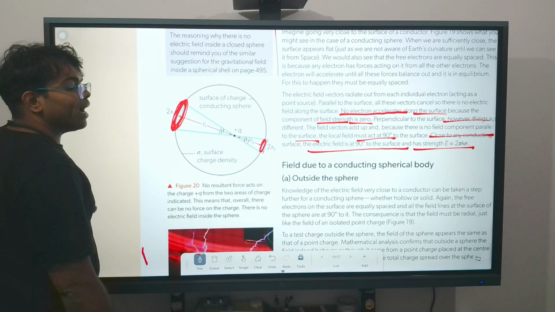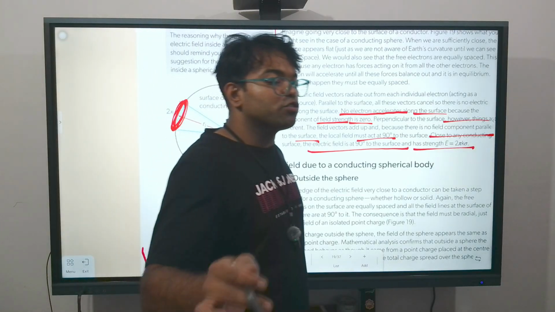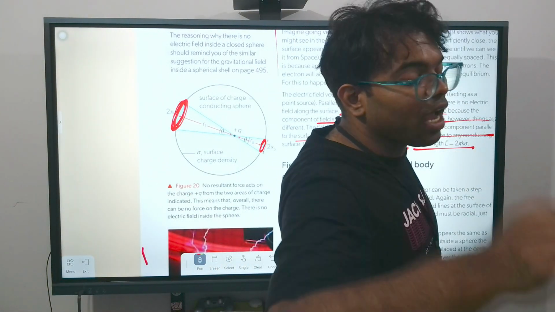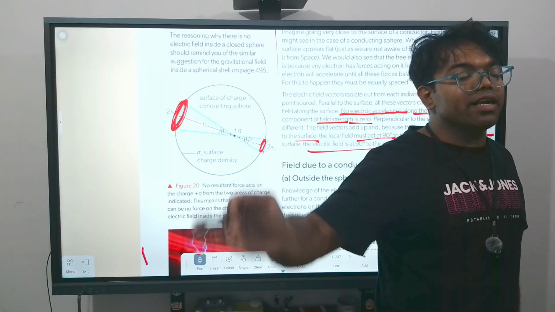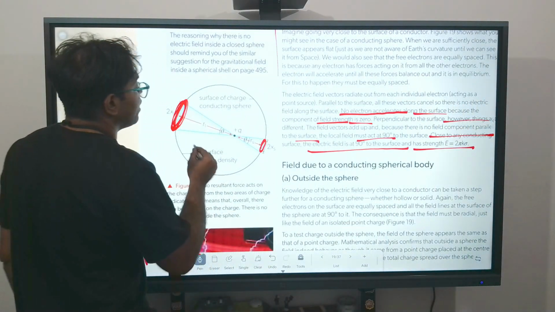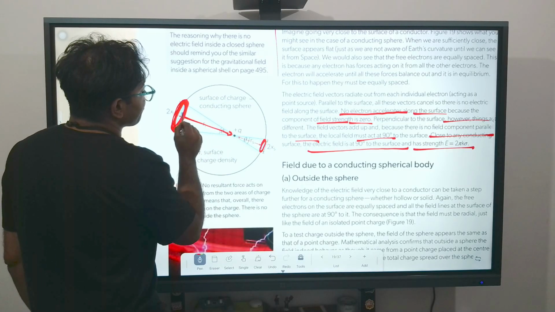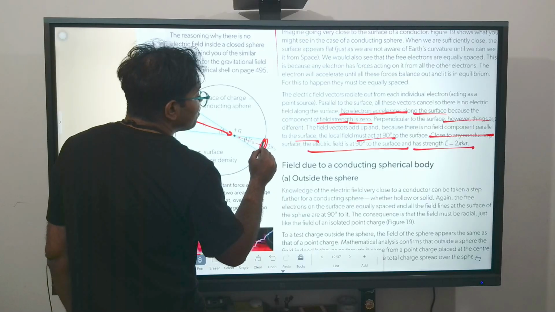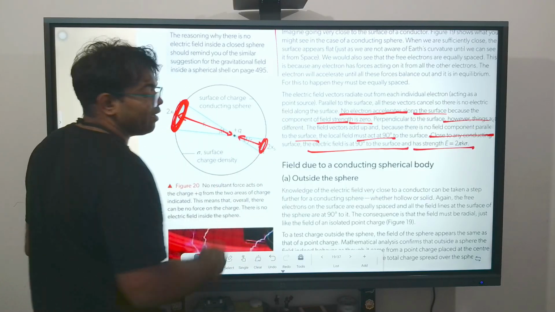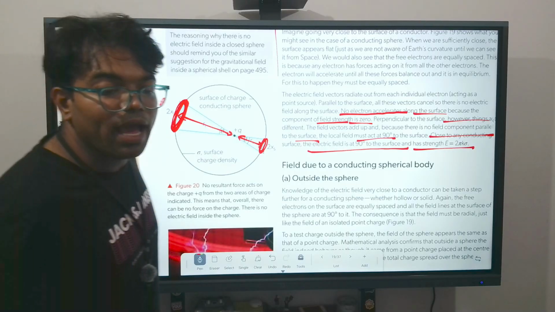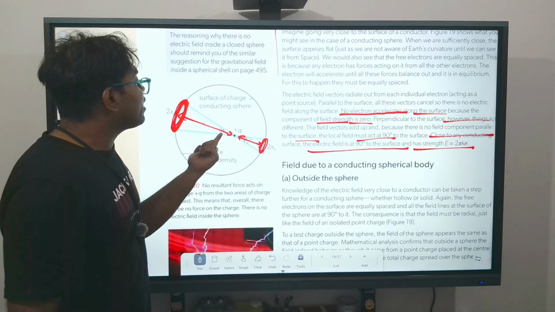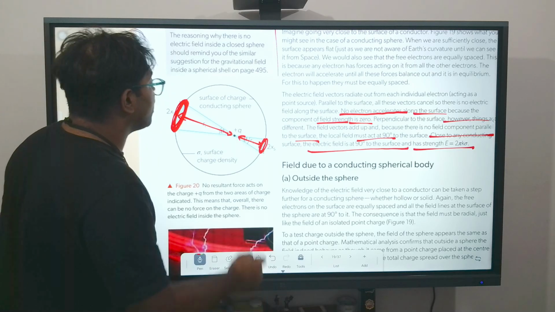But we know that force is directly proportional to the charge and inversely proportional to the distance. What is happening here? Even though you have a large amount of charge, you are far away. But here you have less charge and you are close by. So both of these try to repel the charged particle.